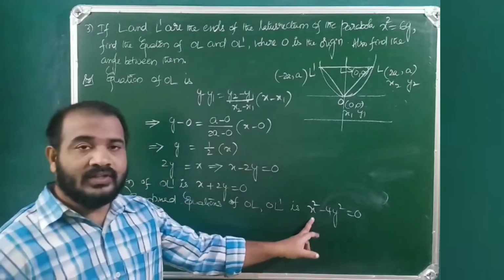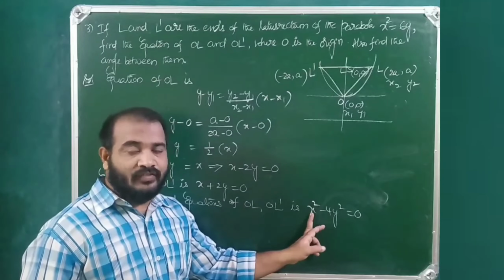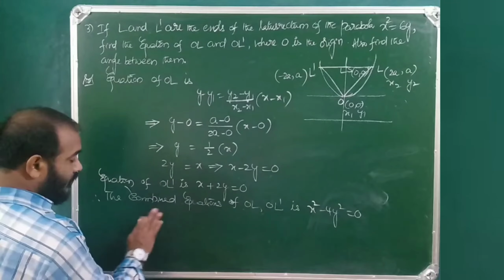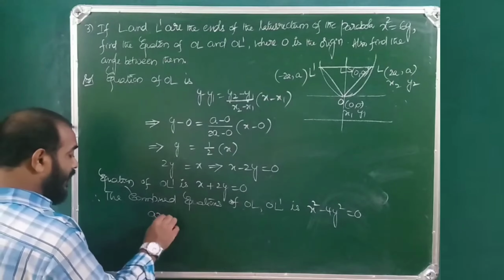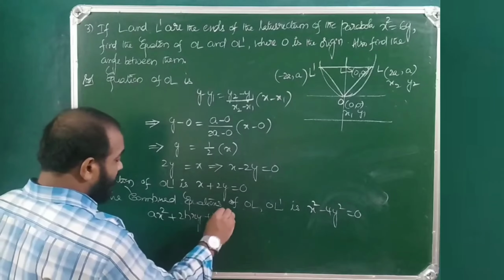This is the form of a second degree homogeneous equation. So here a can be compared with ax square plus 2hxy plus by square equals 0.